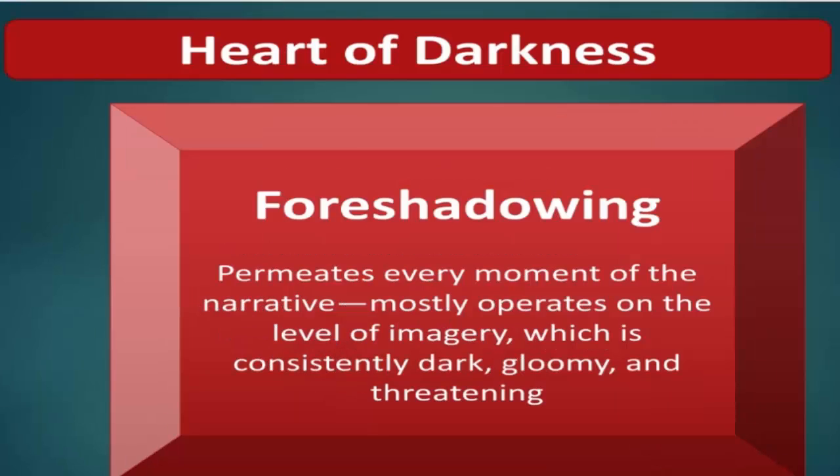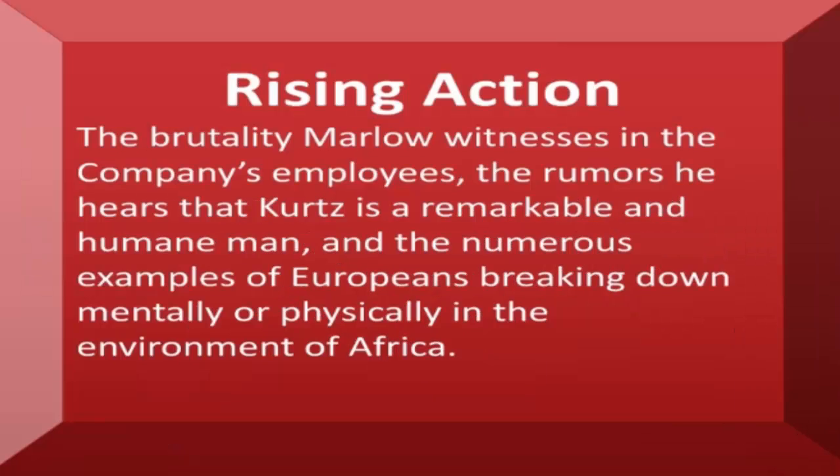Foreshadowing permeates every moment of the narrative, mostly operating on the level of imagery, which is consistently dark, gloomy, and threatening. Rising action: the brutality Marlow witnesses in the company's employees, the rumors he hears that Kurtz is a remarkable and humane man, and the numerous examples of Europeans breaking down mentally or physically in the environment of Africa.